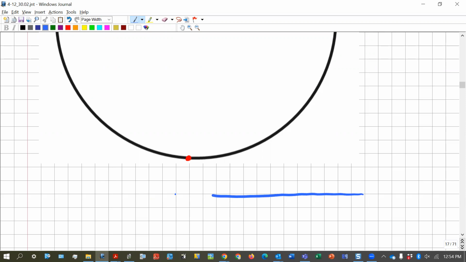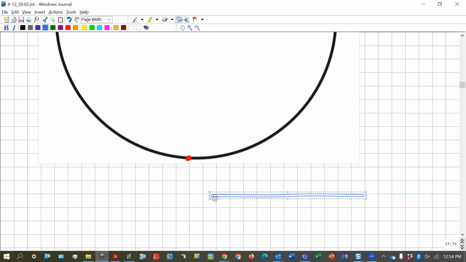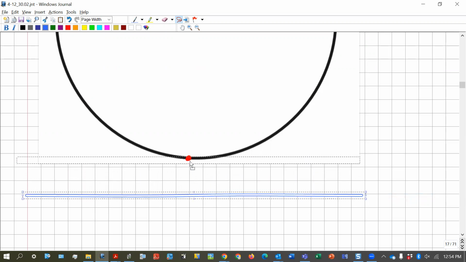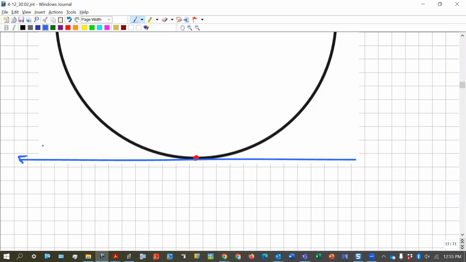And I'm going to use my machine to cheat. At any particular point on a circle, there is one line in the plane that is what we call tangent to the circle.